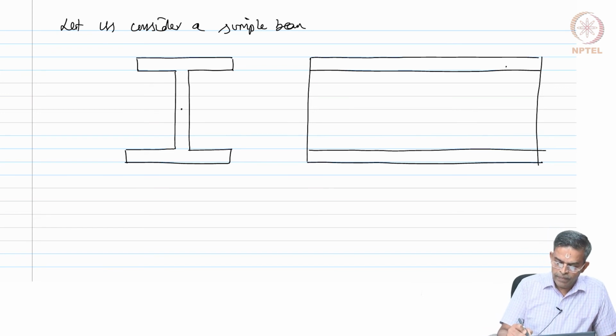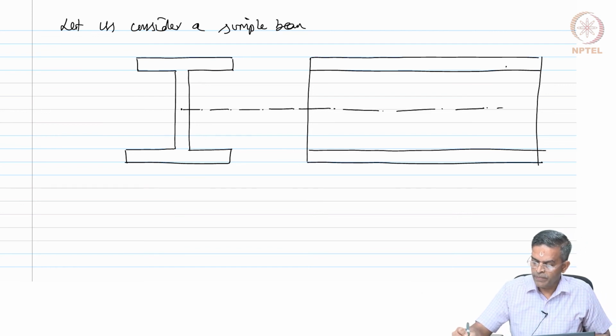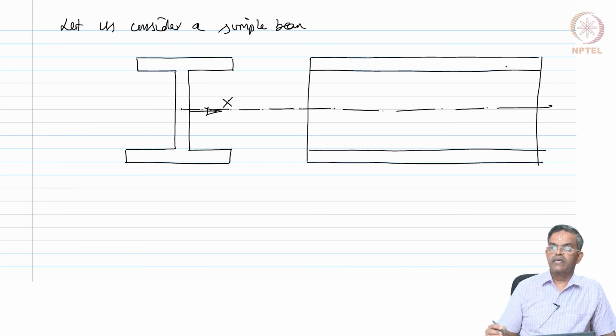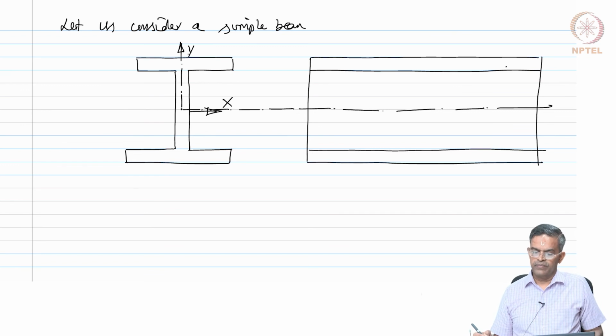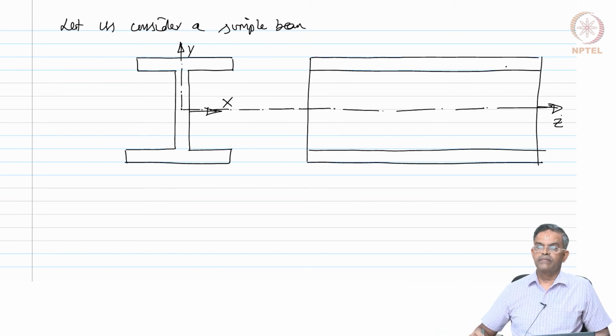Let us say the beam has a centroidal axis as now being marked on the screen. Okay. We call this as an x axis and this as an y axis, and this will be the z axis.